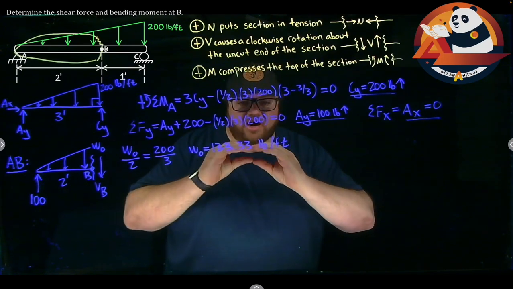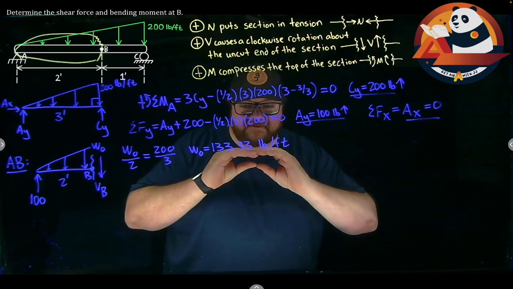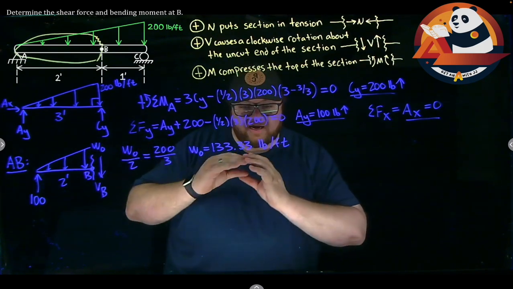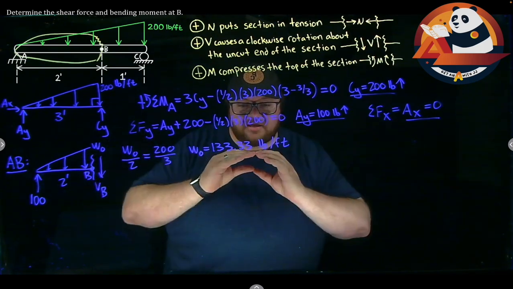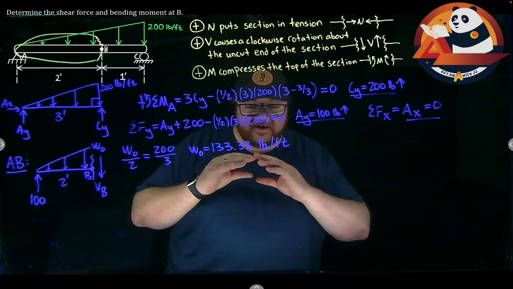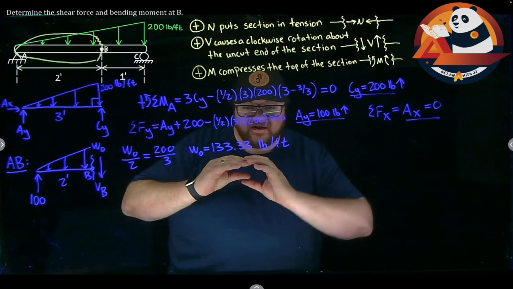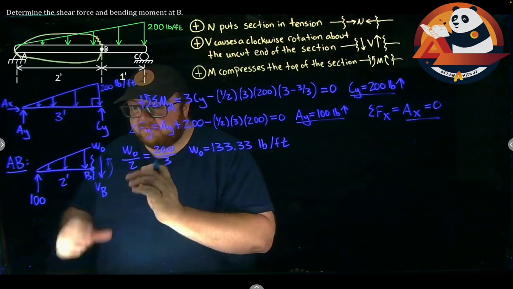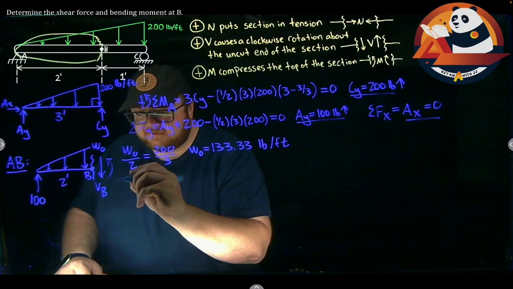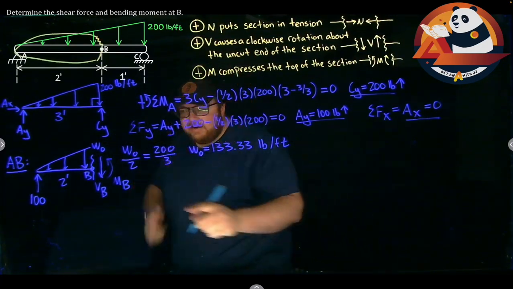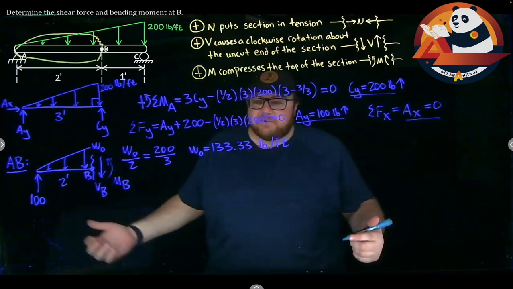Again, if we think of the hollow space in my hand as a beam, or my fingers are the beam, if I curl my arms up, I'm putting a moment onto the beam. My thumbs spread apart, my fingers squish together. The top is going in compression. I did that when I put a counterclockwise rotation on here. So a positive would compress the top of this. So this would be my MB. I need to find VB and MB. And we can just apply equilibrium for that.